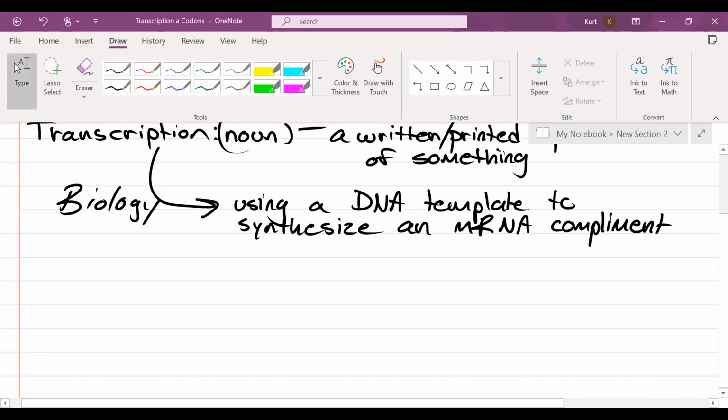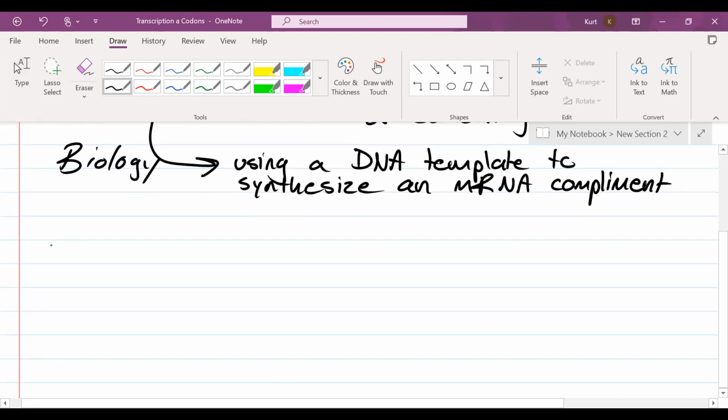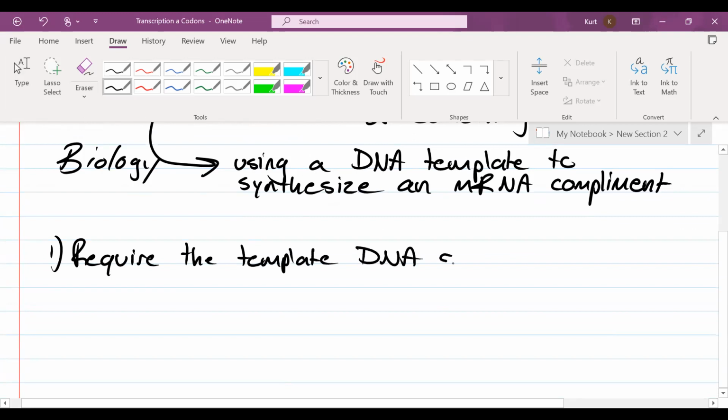So this is really, I can really break it down into a 3-step process. In step 1, it's really not a step, it's more like a need. You require the template DNA strand that will be transcribed.